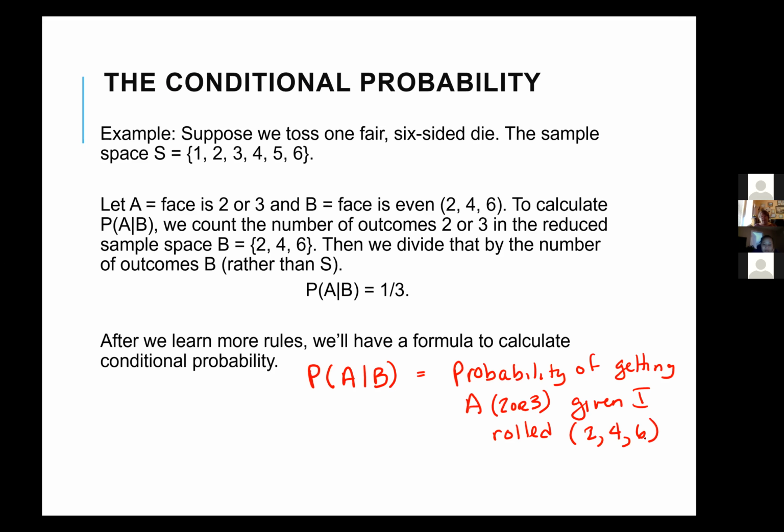So what's the probability of me getting a 2 or a 3 if my sample space consists of 2, 4, and 6? Well, there's only one outcome that's a 2 or a 3 in my sample space. That's when I roll a 2. What's the total number of outcomes in my sample space? Well, there are 3. So the probability of me rolling a 2 or a 3, given I've already rolled an even number, is only one outcome out of 3.